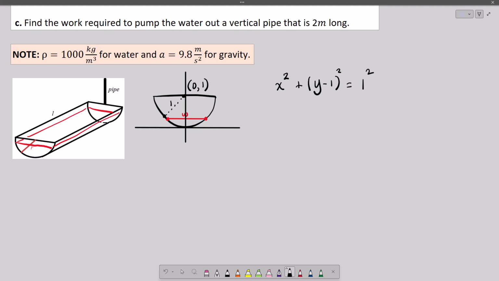Now, if we want the right side of this circle or the left side of this circle, what letter do we want to solve for? X. X measures horizontally. So if we isolate x, we'll get a plus or minus square root of the other stuff. Positive square root will be the right edge. Negative square root will be the left edge. So let's isolate x.